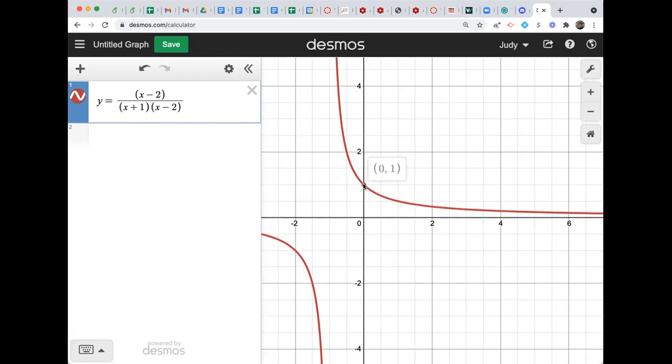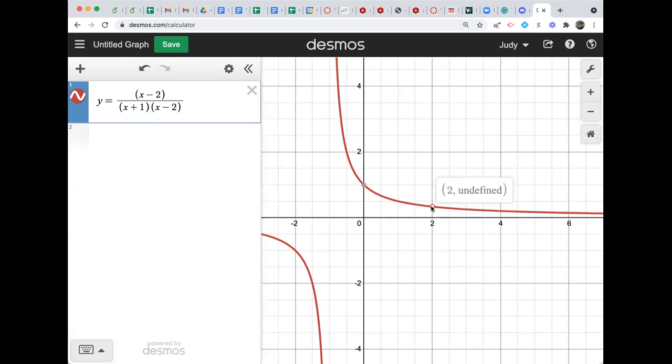So I have 0, 1 here. This is 1, 1.5 or 1, 0.5. But I want everyone to click on x equals 2 right now, right? So like right around here, if I click 1.98, 2.01, do you see how it just turned it into an open circle right there?